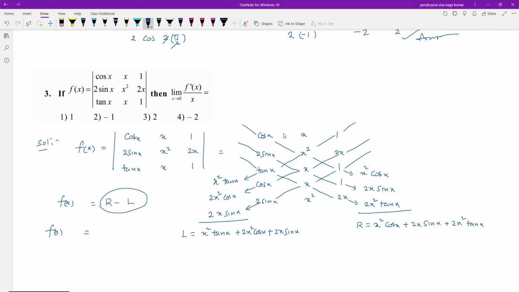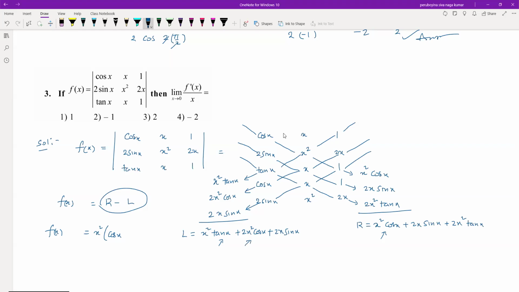So right, you can see, take x square common because these two numbers have x square. So the rule says right minus left. So write down cos x minus tan x. And the next x square also, here also we have x square, 2 cos x is also there. I close the bracket, wait.